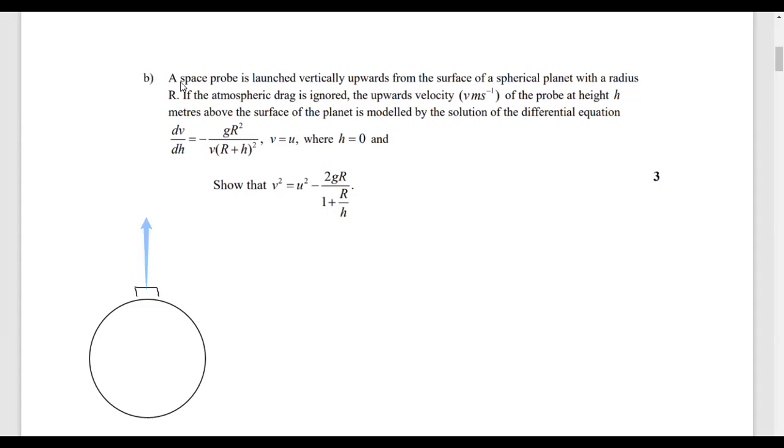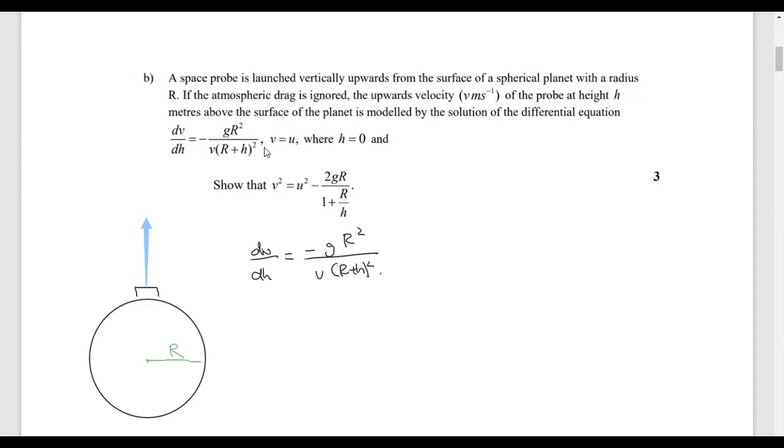Now, this planet has a radius of r. You're ignoring atmospheric drag. They're telling us that we can assume dv/dh equals negative g r squared over v times (r plus h) all squared.